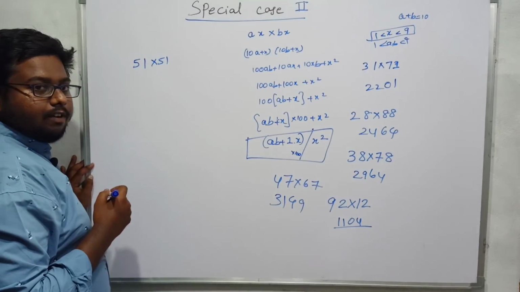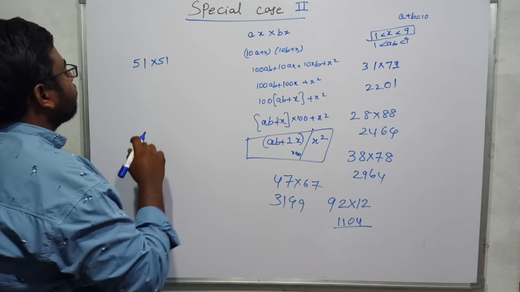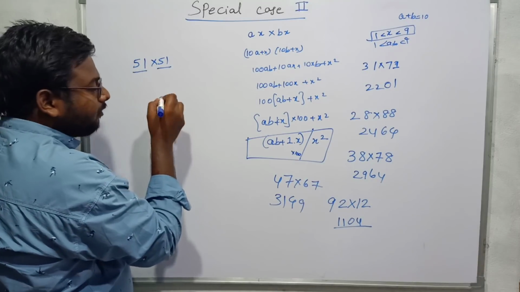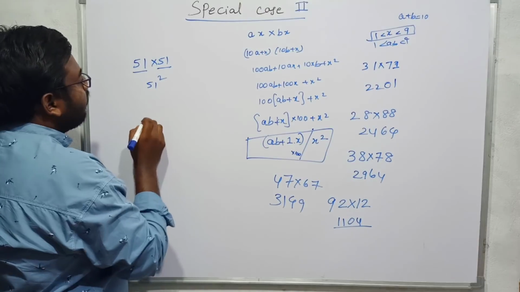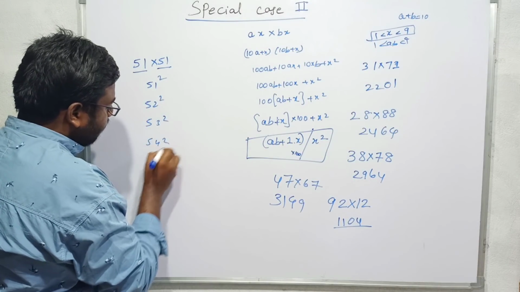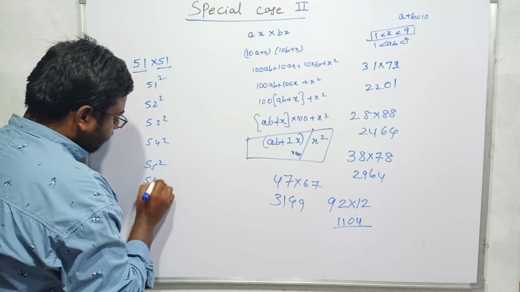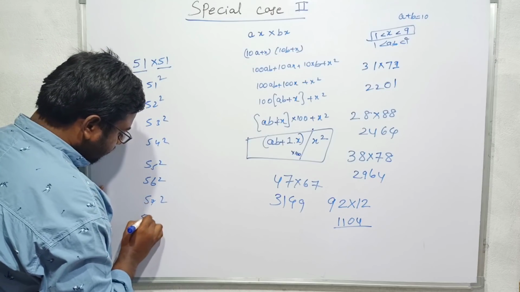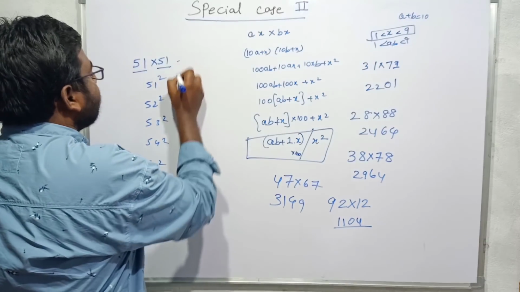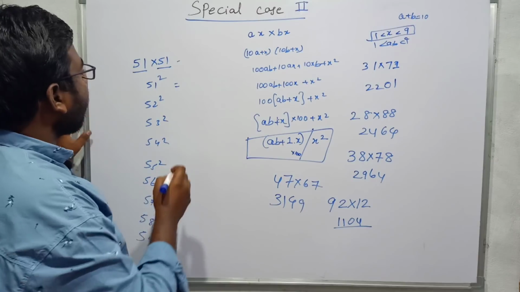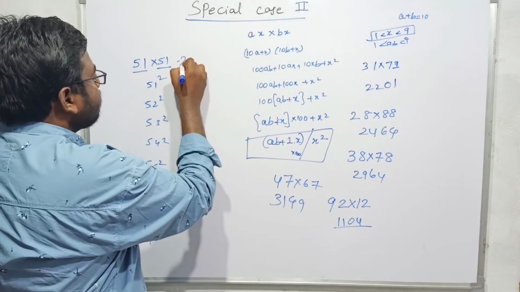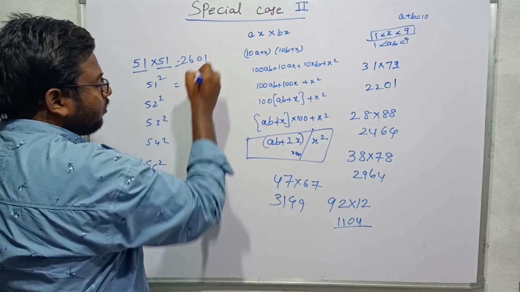This is forming a square number, a square of 2 digit numbers starting with 5. For example, 51 square, I can calculate 52 square, 53 square, 54 square, 55 square, 56 square, 57 square, 58 square, 59 square. What I will get for 51 square? 51 into 55. 25 plus 1, 26, and 1 square is 1, 01.